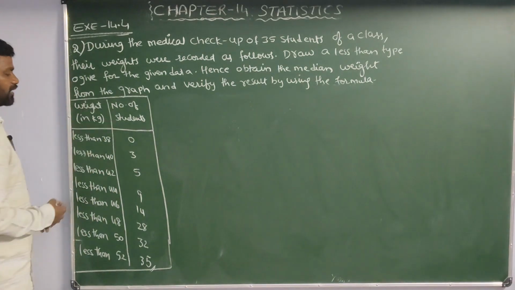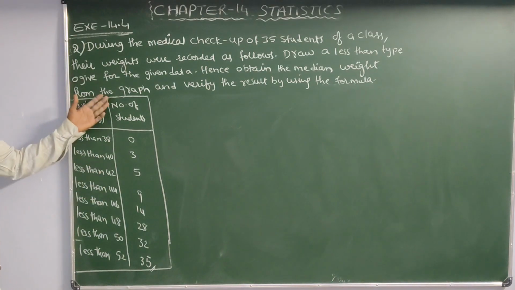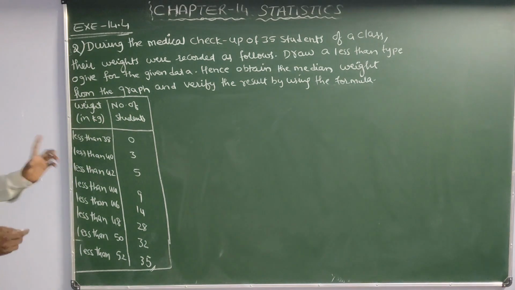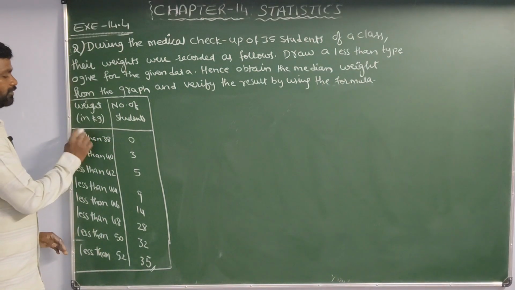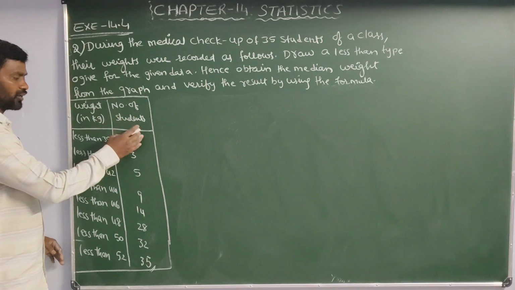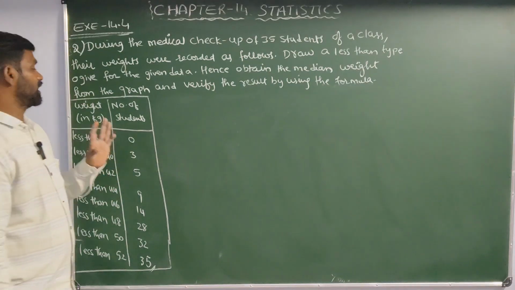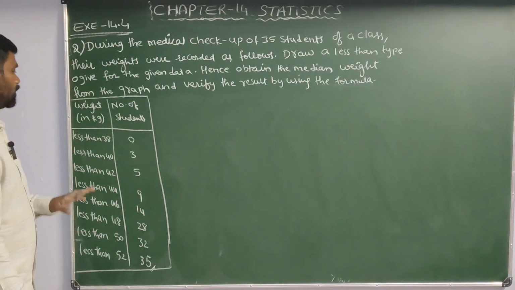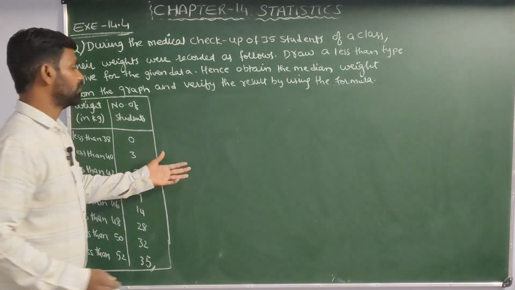Here weights are given as less than 38, less than 40, and so on, and the number of students are given. When the data is given in this type, we have to understand that the second column is not frequencies, they are cumulative frequencies. Are you getting? So now we have to find the frequencies.